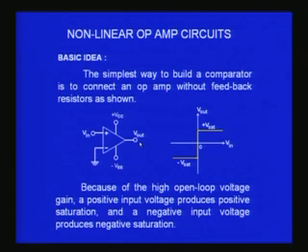When it becomes more positive than this, the output will become plus VCC. It will be amplified by the open loop gain, and therefore any voltage you get at the output cannot be larger than the VCC in principle, as I already mentioned to you, and therefore the output will saturate at plus VCC.